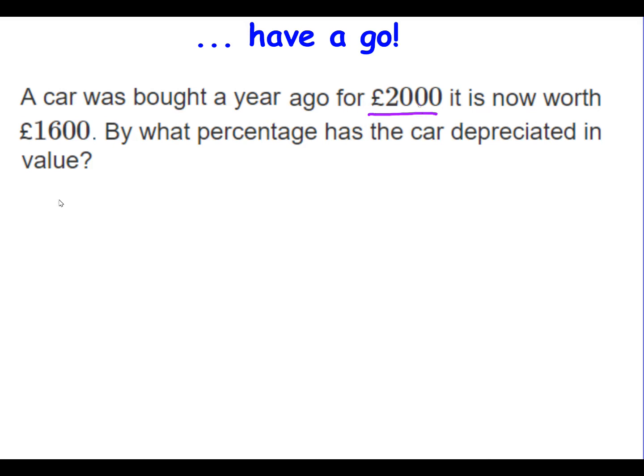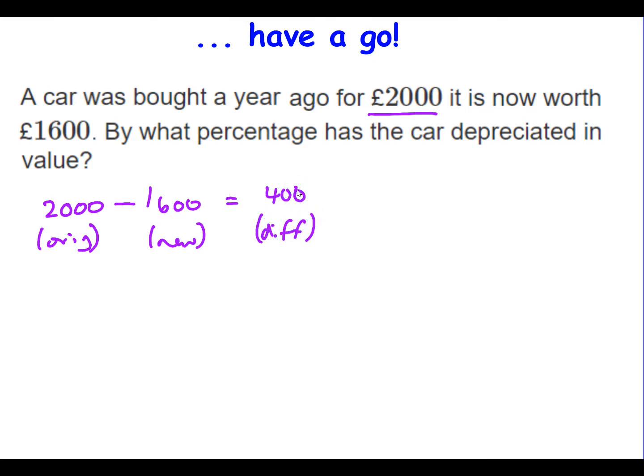So the original is 2,000. The new price is 1,600. So the difference is £400.